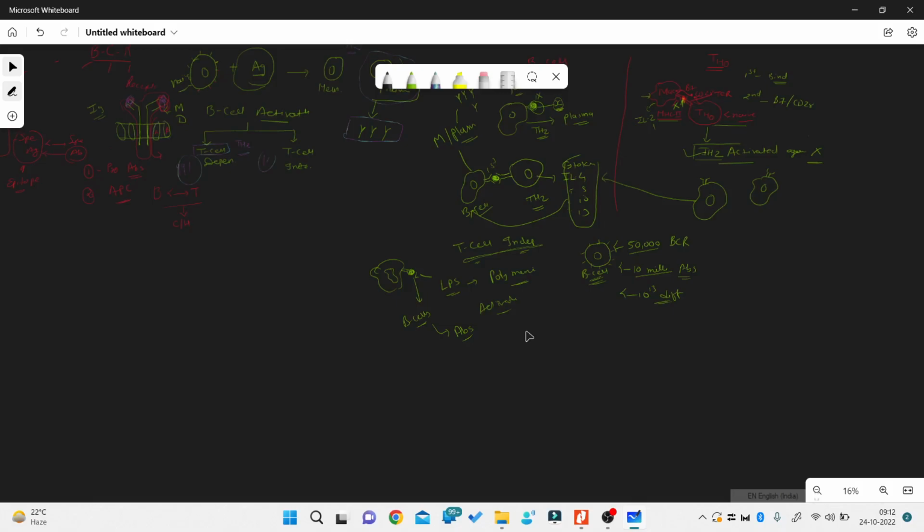And certain facts: each B cell has 50,000 BCRs, produces more than 10 million copies of antibodies, and 10 to 13 different varieties of antibodies are produced by a B cell. So this is all about the B cell biology.